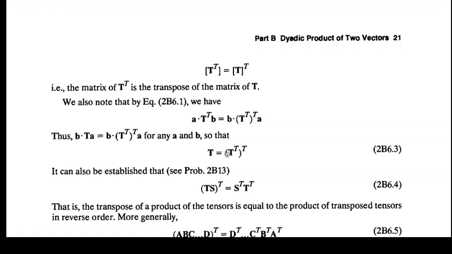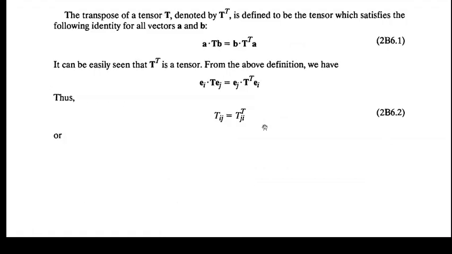Here we have shown that if we take the transpose two times, then we again have T. That is, the transpose of the transpose gives us T. This is from the definition: A dot transpose of T B will be equal to B dot TA. This is the definition 2.6.1.